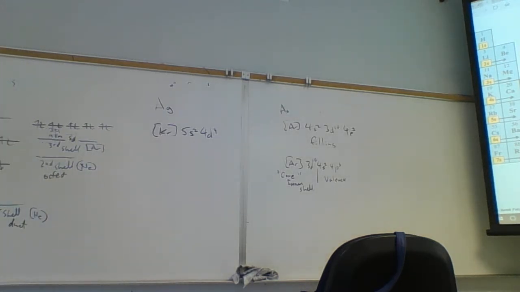So how many valence electrons does silver have? Does silver have 2 valence electrons? Or does it have 9 valence electrons? If you're an oxidizer, what are you going to pluck?